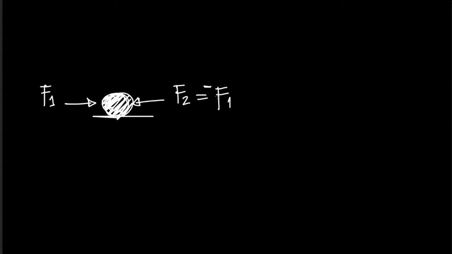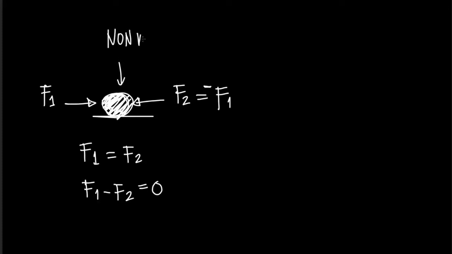Okay? So, with that, guys, what I taught in class was, let's say you have F1, which is equal to F2, no? What happens is, if you move F2 to the other side of your equation, that's F1 minus F2, and you're left with 0. Okay. That is, if your object is not moving, therefore, it is under static equilibrium.